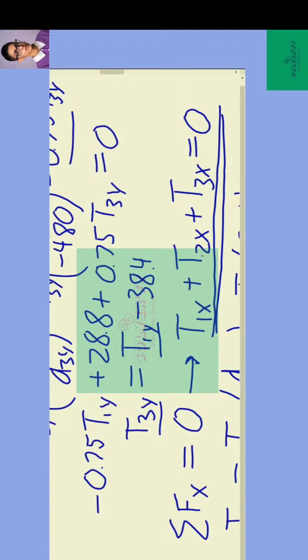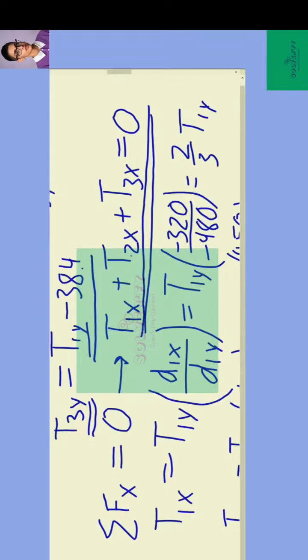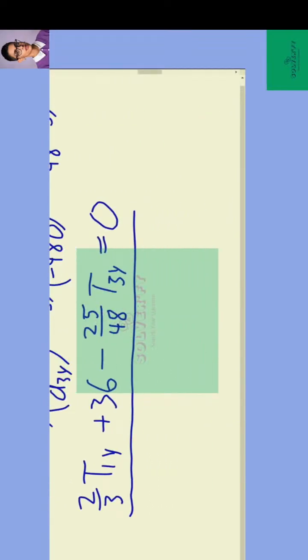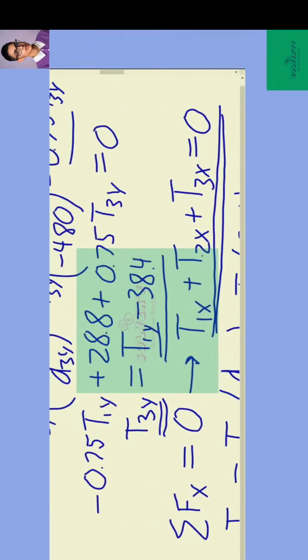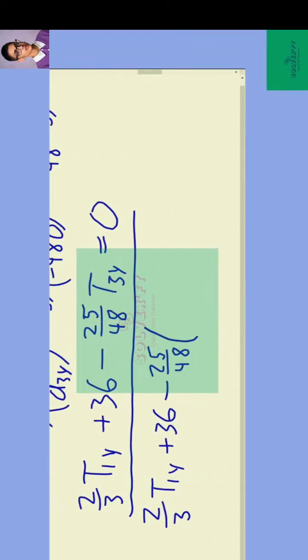I'm going to plug in this value for T3y from this equation here. So that becomes 2/3 T1y plus 36 minus 25 over 48 times, and here's our substitution, T3y, we have T1y minus 38.4.